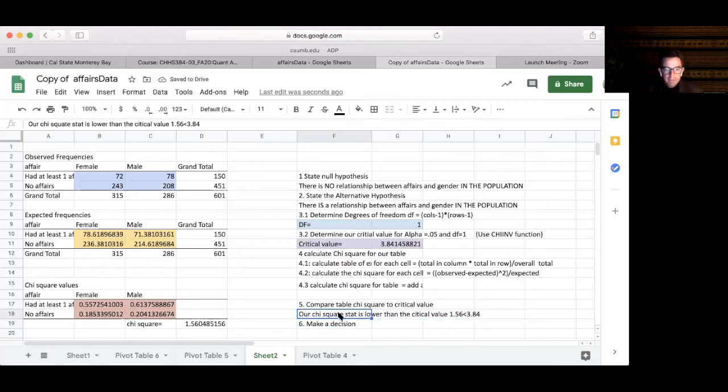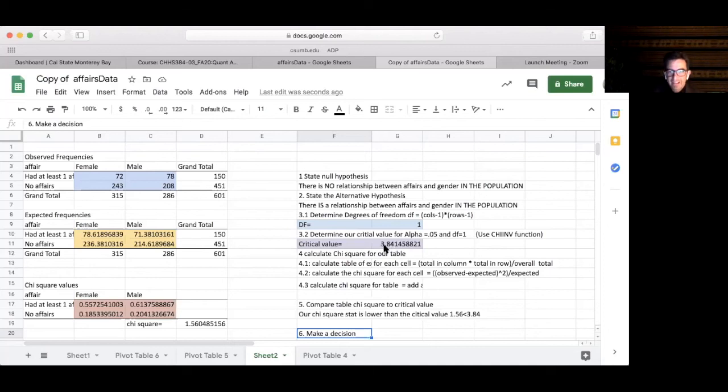What does that mean, though, in terms of our hypothesis test? It means that we cannot reject the null, right? We said that if our table had a chi-square that was very unlikely, then we would reject the null, right?